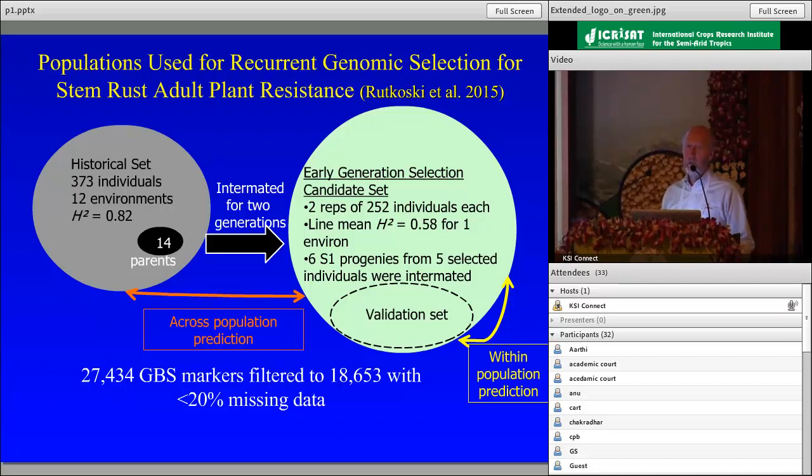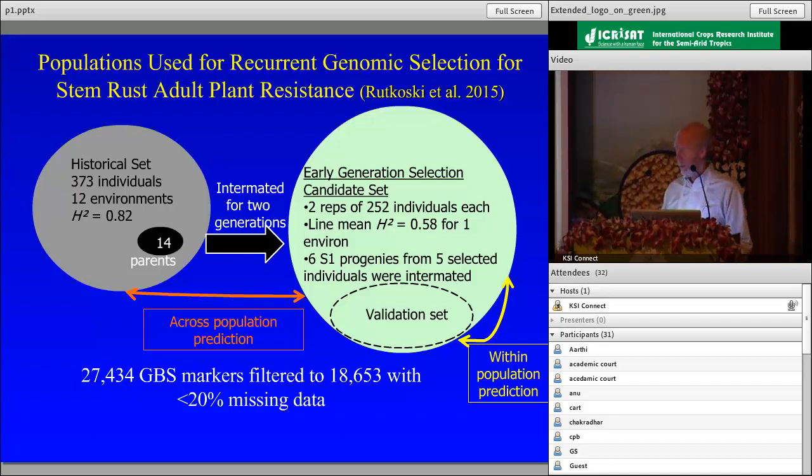In each cycle of selection for both the phenotype and the genomic selection, we selected 6 S1 progenies from 5 selected individuals, and those were intermated to create the next cycle of selection. For these populations, we used about 19,000 GBS markers, and that had less than 20% missing data.